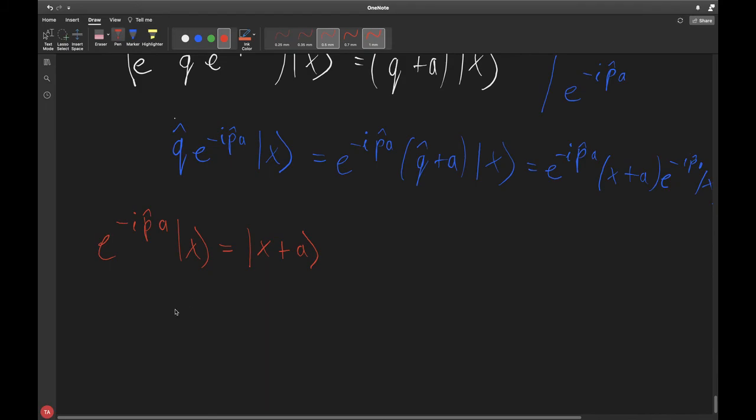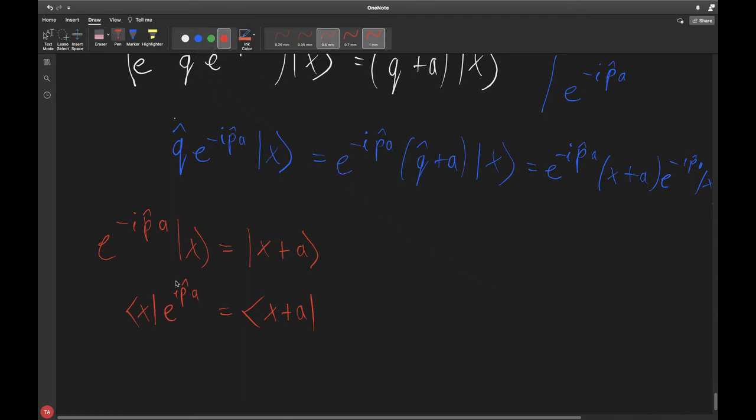And the other deduction is that when we act on the x vector in the bra form with e to the i P a, then we get x plus a as a bra form. So the physics is exactly the same here. It doesn't really depend on whether we denote the state x with a bra or a ket. It's again the same thing as describing a state like this or this. It's the same physical system, so it's just a mathematical representation as of now.